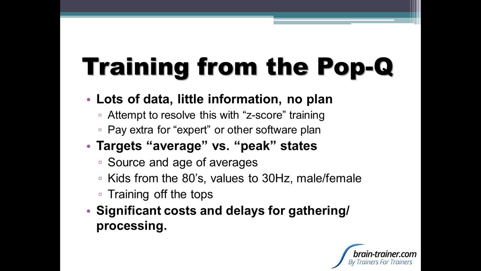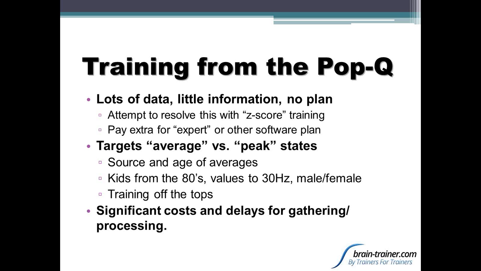It takes the number of standard deviations you are away from the average at 3 hertz with eyes closed at F7 and trains that toward the average. So where those came from is the question that I've always had, and something that I think is a real problem with that approach.